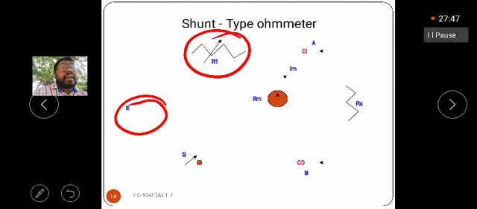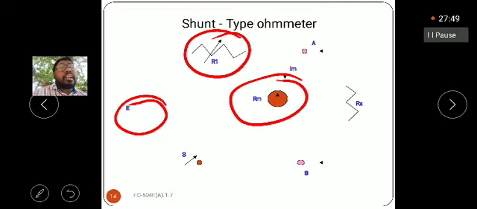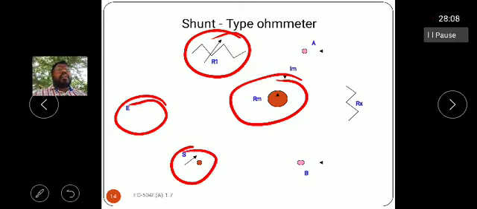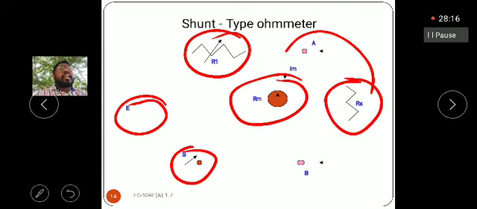The ohmmeter is connected across this particular resistor, that is Rm, and the current passing through the meter is Im. Here we have connected the switch for connectivity of the battery to the circuit, and in shunt with the meter we have connected the unknown resistance.